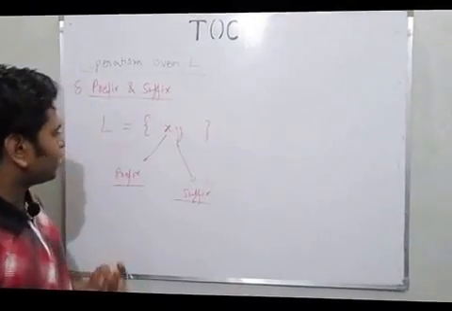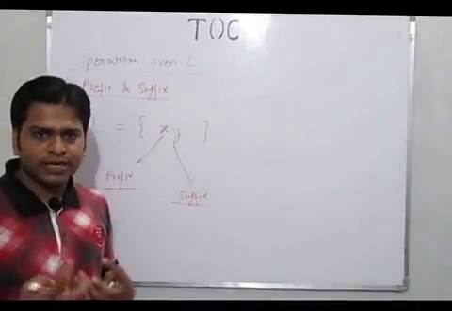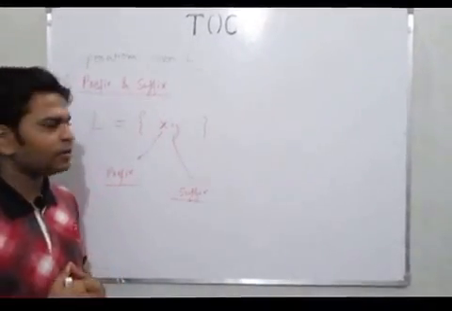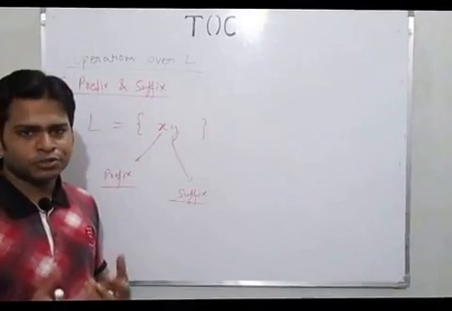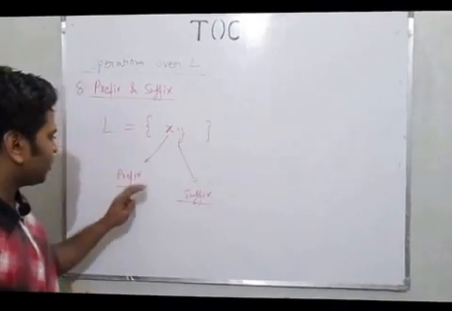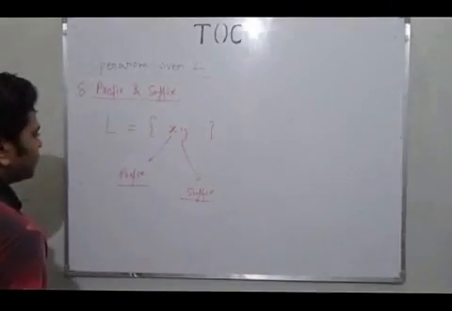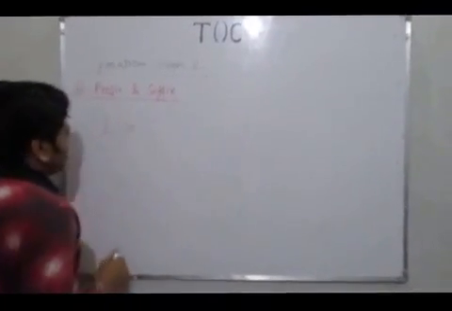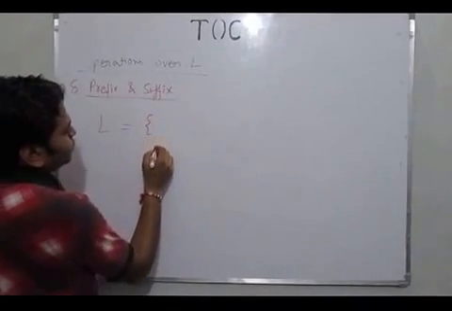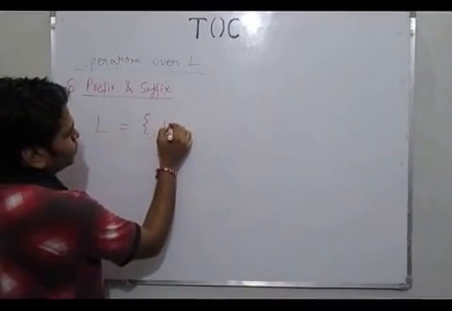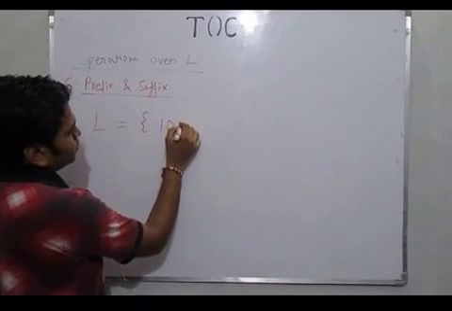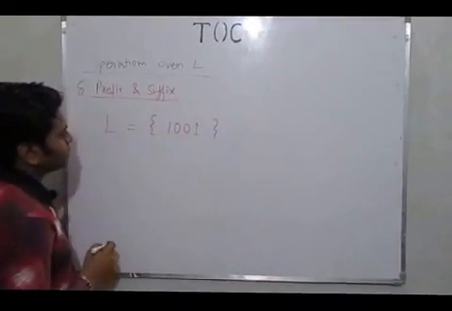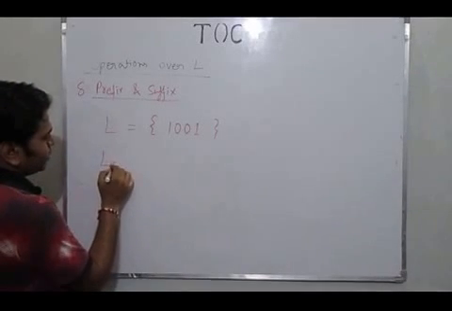And how can we obtain the prefix and the suffix from a given language? Let us check that, because sometimes in an entrance test it is asked, or sometimes during the interview or a technical question it is also going to be asked. So be aware of how we can obtain the prefix and the suffix from a given language. Suppose a string is given as 1001. Suppose this is a language containing only one string. So what would be the prefix for that?